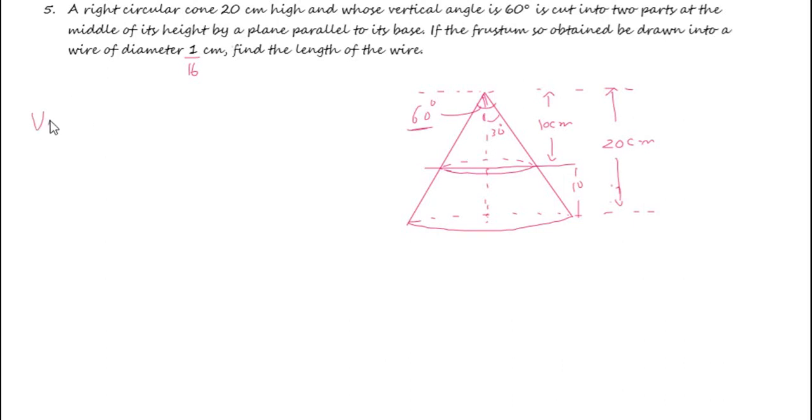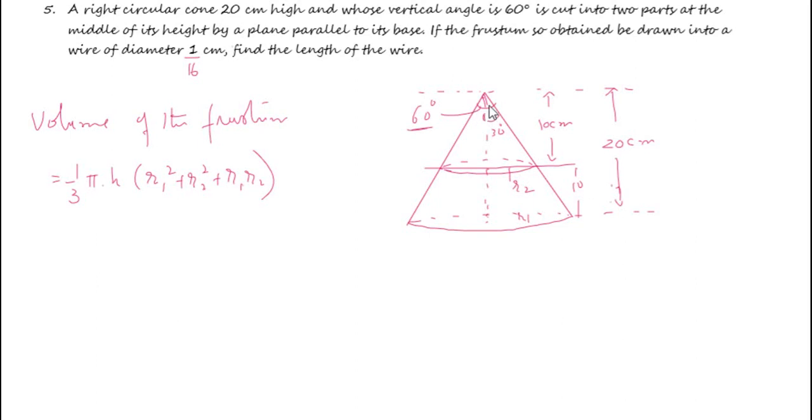Volume of the frustum is equal to 1 by 3 pi into h into r1 square plus r2 square plus r1 into r2. This is the formula. But we do not know r1 and r2. This is r2 and this is r1.